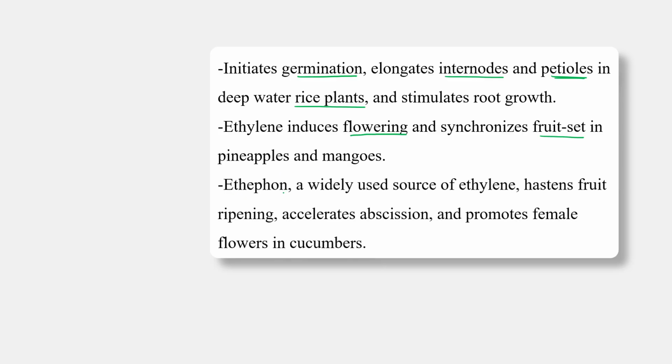Ethephon is a widely used source of ethylene; it hastens fruit ripening, accelerates abscission, and promotes female flowers in cucumber.